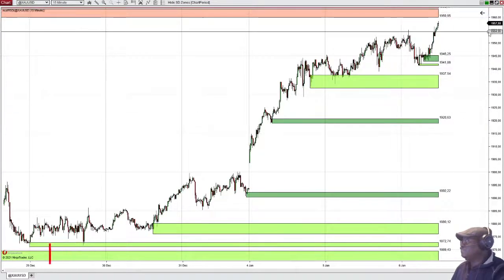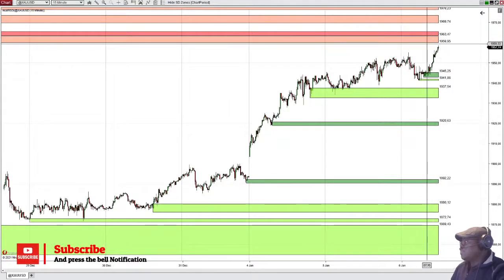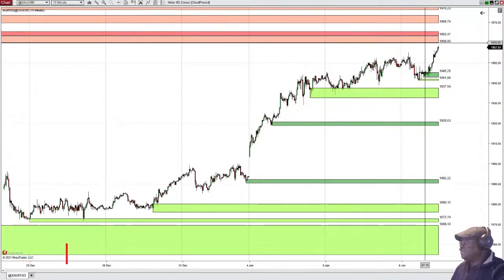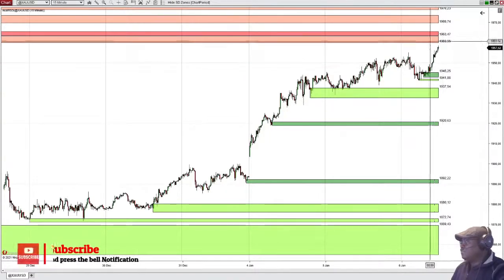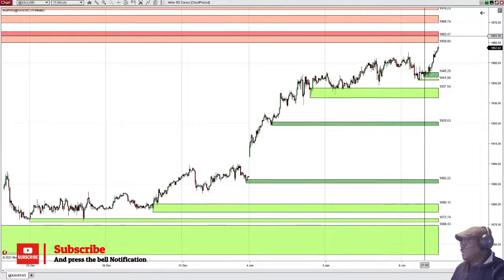It's two things. Wait for it to reach 1959. Then you can look for potential to short gold, and your stop loss can just be above it.